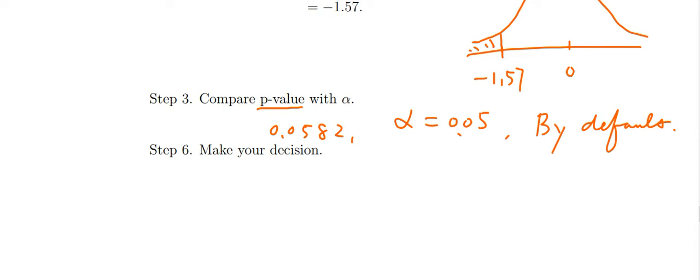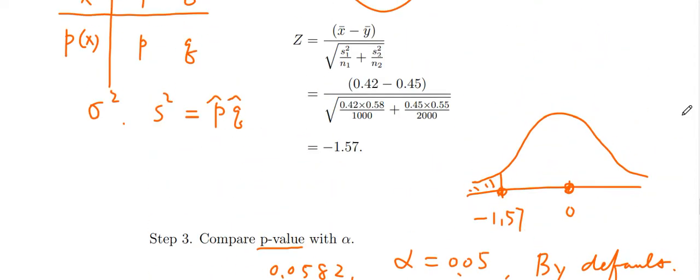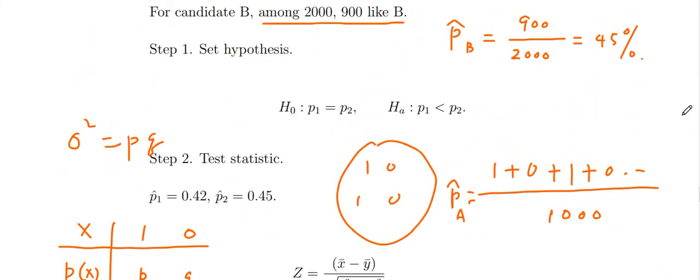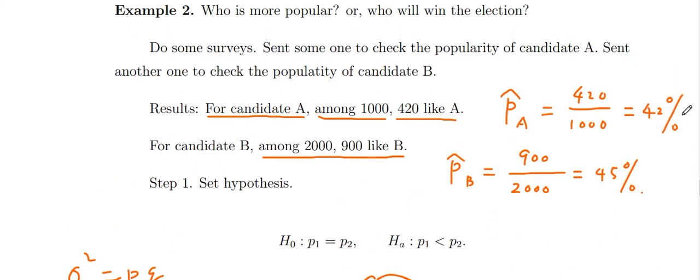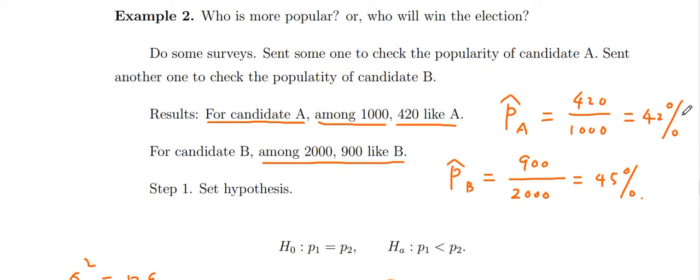So what is your decision? The distance is not so big, so we can still believe the two numbers are quite close, or we can say the difference is not so significant. So our decision is to pick H0. H0 says the popularity is quite the same. Then going back to the question, can we say he is more popular?